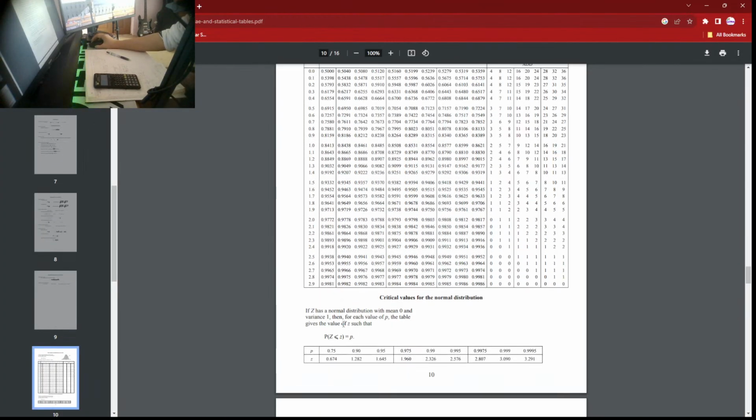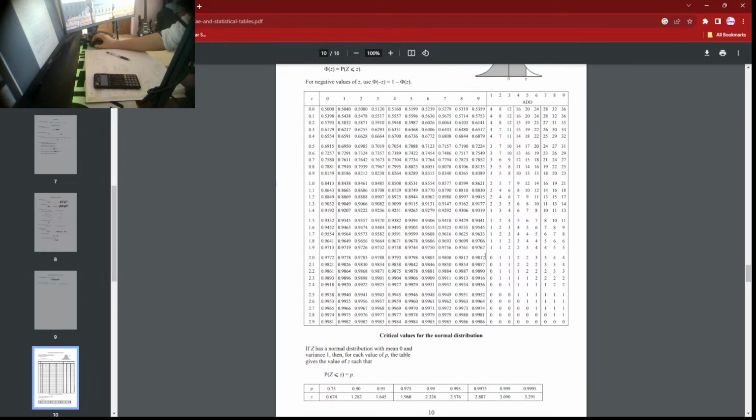Looking at 1.9864 in the table, 1.9, 0.761, 0.765, 0.9765. So that'll just give you 0.977.